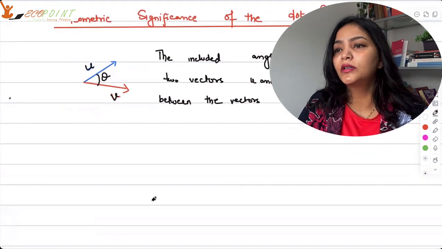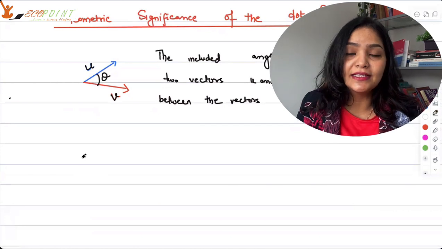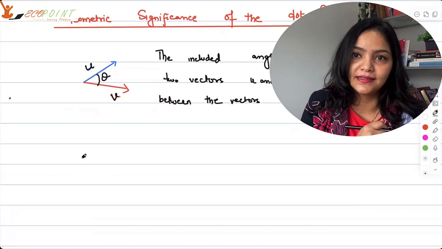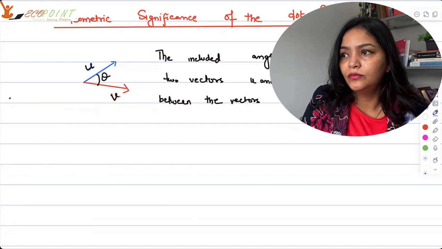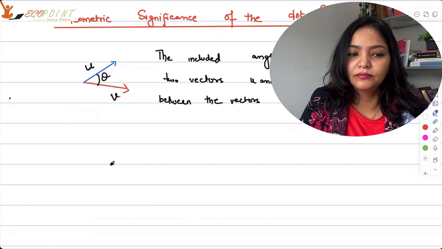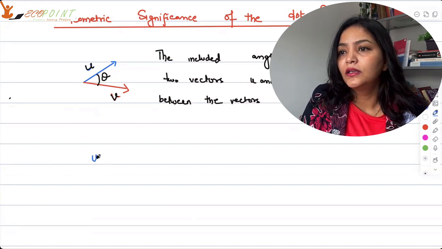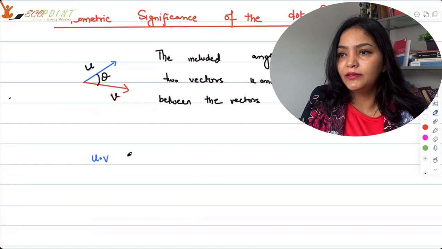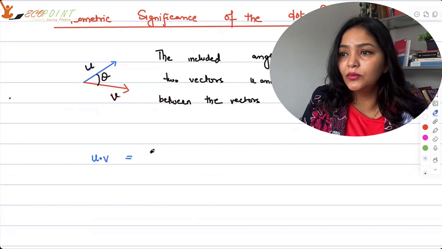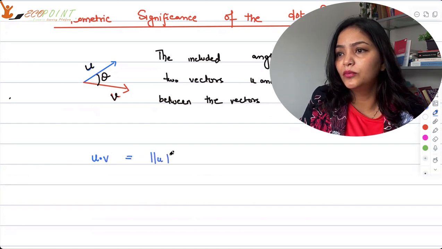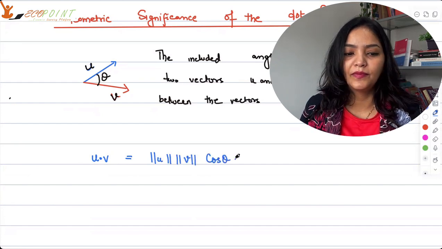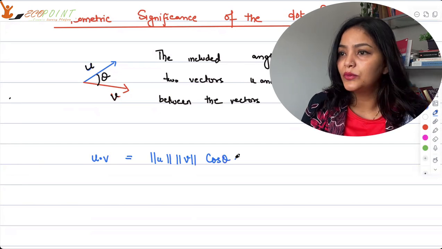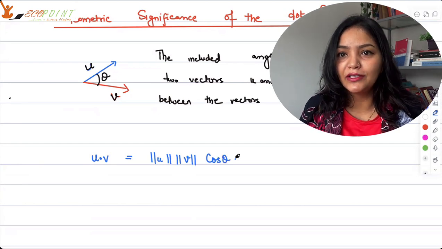Now, the dot product lets you find this theta. So how? U dot V is actually equal to the norm of U times the norm of V times cos theta. And with this, you are able to find out theta.